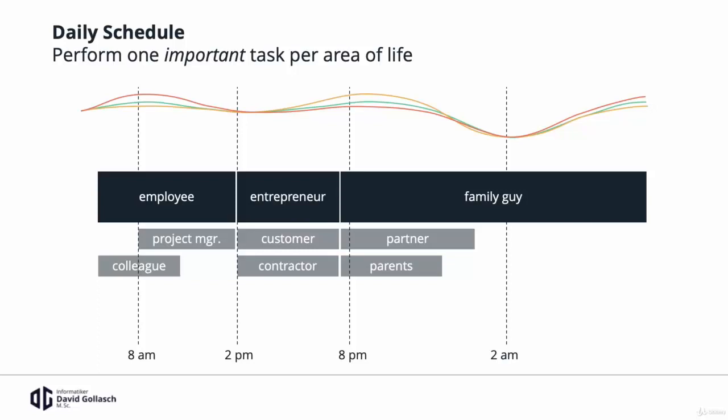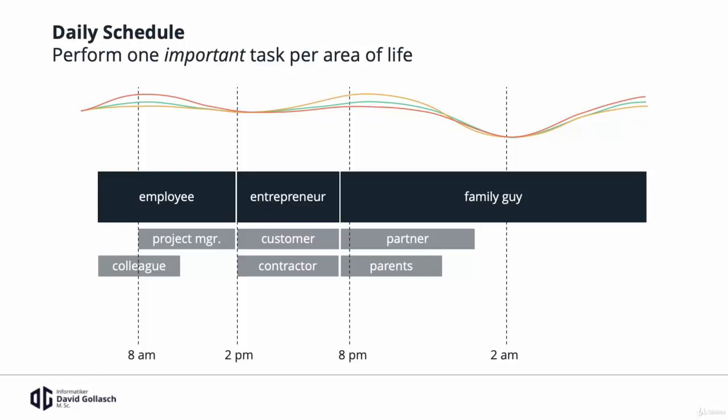So we are the employee, or we are the family guy, or if we have our own business, then we are the entrepreneur here. And for each of those roles, or for each of those life areas, we have several roles, and for each of those roles we should select at most one important task that we plan to fulfill for the day.